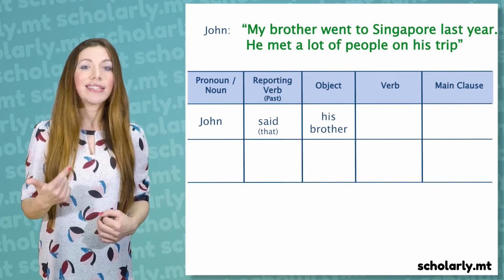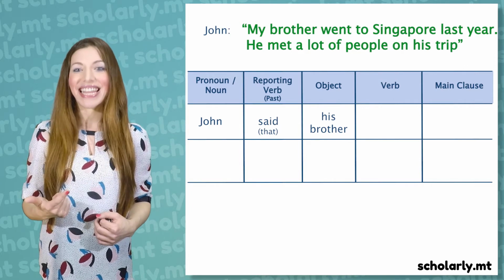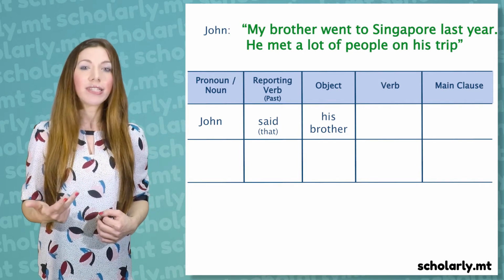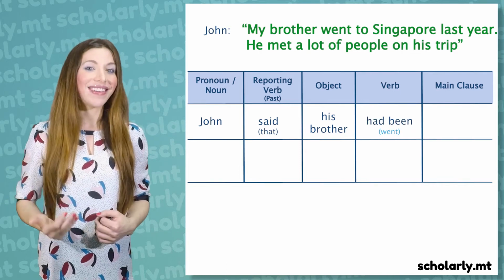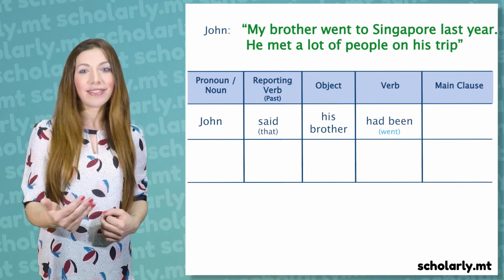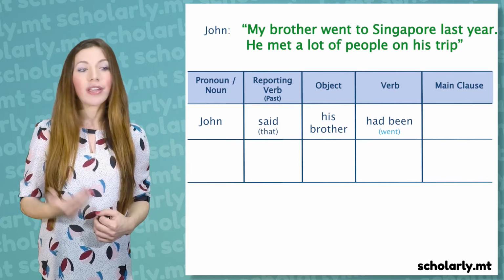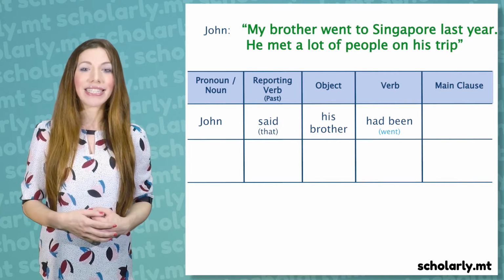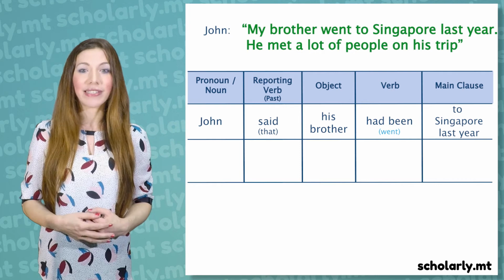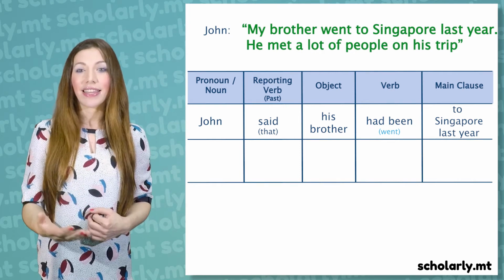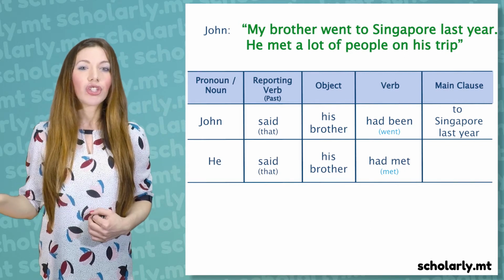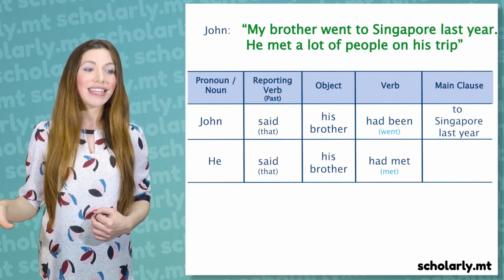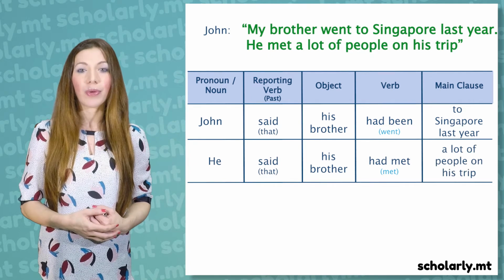So John said, we can add that, John said that his brother had been, so we changed went to had been, to Singapore last year. The other sentence, he met, changes to had met a lot of people on his trip.